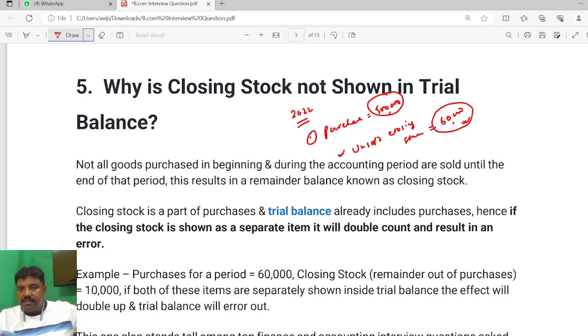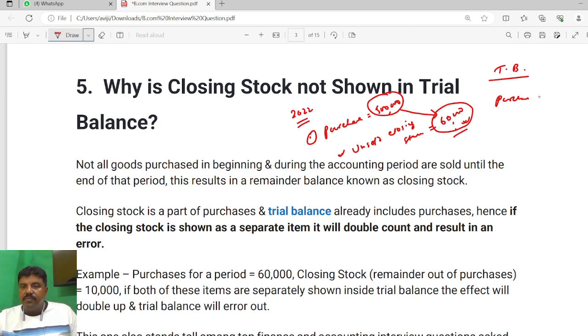In the trial balance, when we prepare the trial balance, we will see purchase is there. And this closing stock is part of this purchase. 5 lakh was the total purchase, of which goods costing rupees 4,40,000 are already sold. The goods which remain unsold, that cost is rupees 60,000.